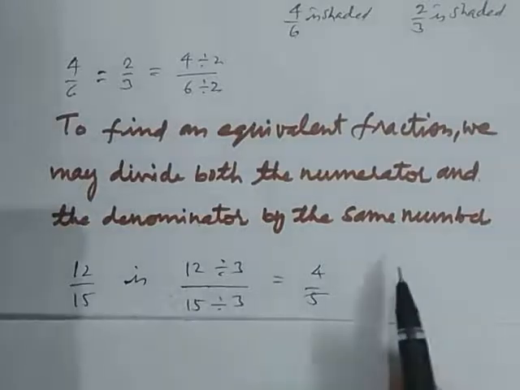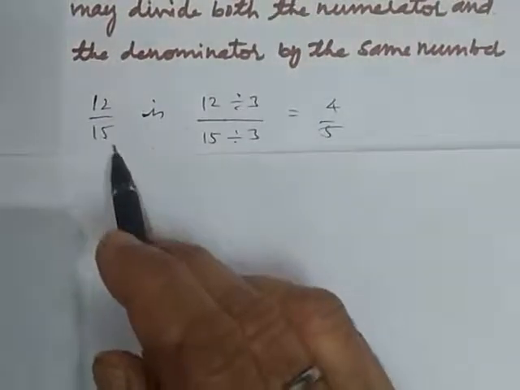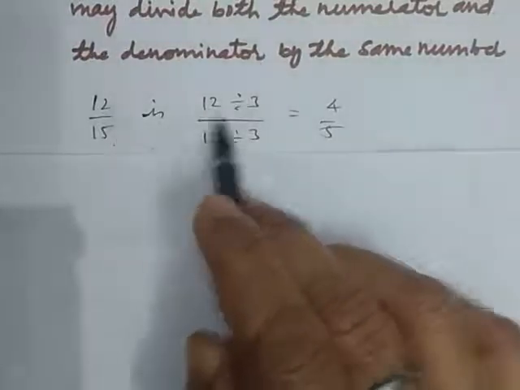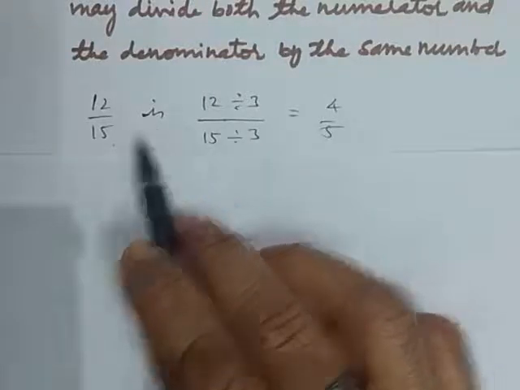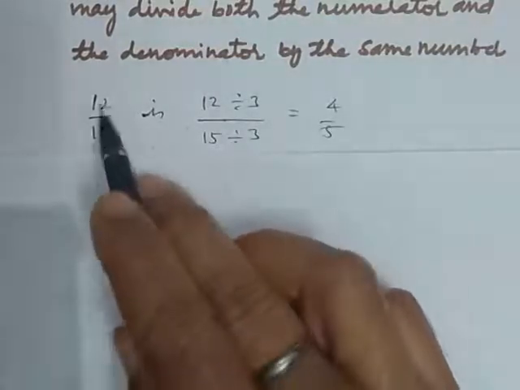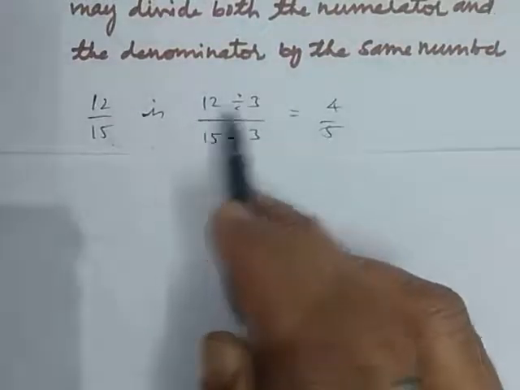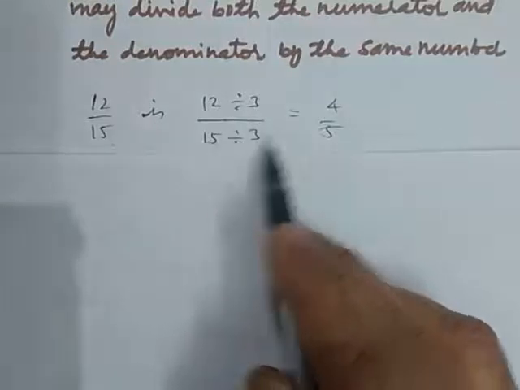Now we take some examples. 12 by 15 is our given fraction, and we have to convert this into an equivalent fraction by dividing. Here 12 and 15 are both divisible by 3, so we divide by 3. So 12 divided by 3 we get 4, 15 divided by 3 we get 5.